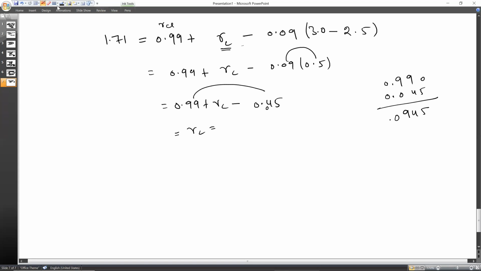The radius Rc will be equal to, and these two you have solved, this is 1.17, this is Rc plus 0.945, and this will go to that side.